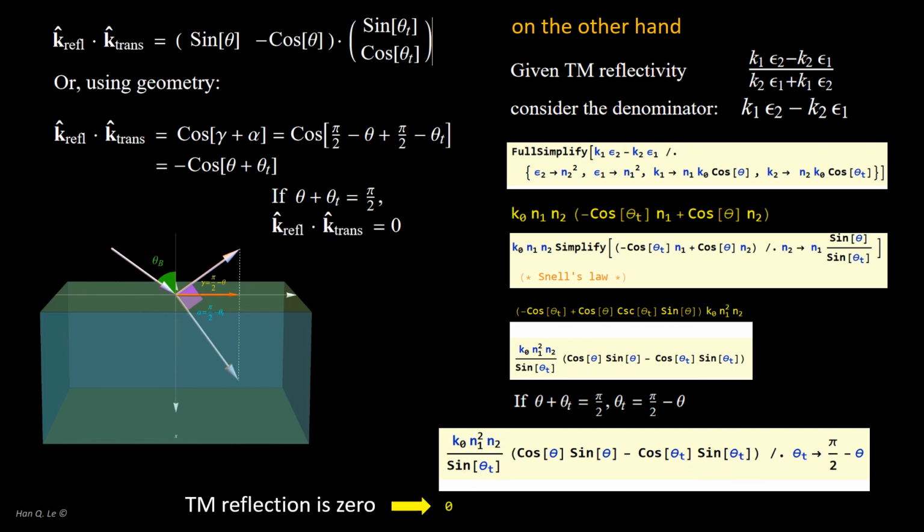These steps lead to the result that when two k-vectors are perpendicular, or when the sum of incident and transmitted angles is pi/2, the TM reflection vanishes. However, it is worthwhile to think in a more physically intuitive way, as we will see next.